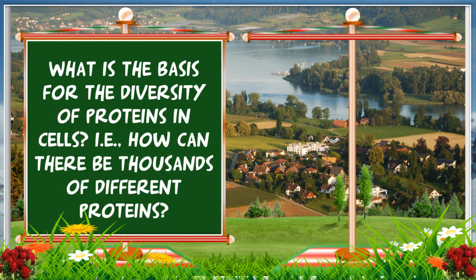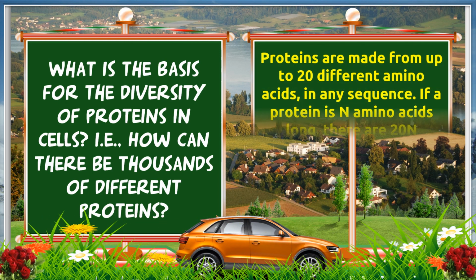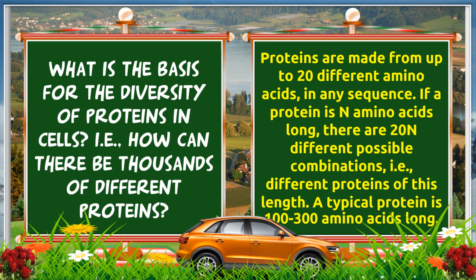What is the basis for the diversity of proteins in cells? I.e., how can there be thousands of different proteins? Proteins are made from up to 20 different amino acids.